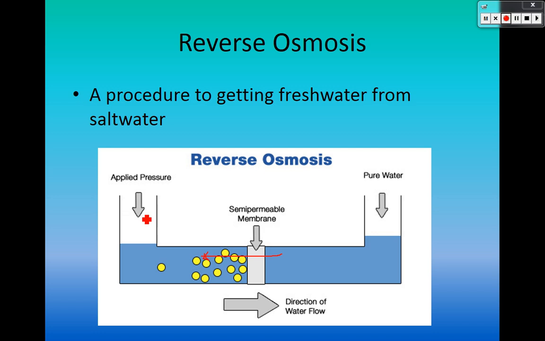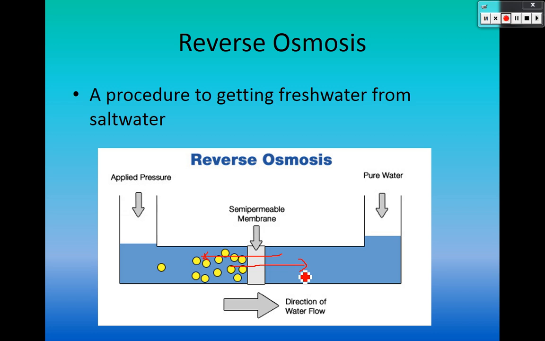And so you are physically applying pressure to get water to move through a membrane against the normal direction of flow. And so you get pure water. This does have some downsides though. The first thing is, it takes an incredible amount of energy. You are forcing water in a direction it wouldn't normally go. So it takes energy to make this water, and energy is of course an issue as well.